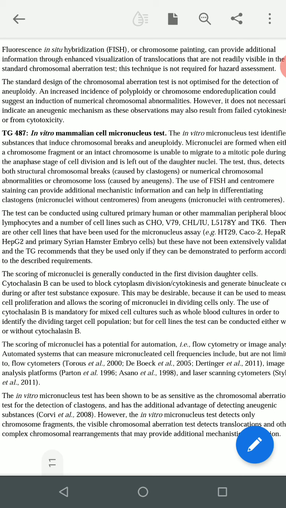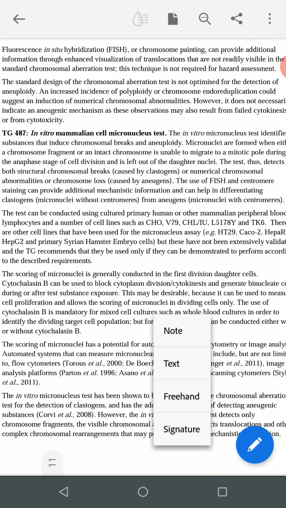Here we can use FISH, fluorescence in situ hybridization, and centromere staining, which can provide additional mechanistic information and help in differentiating clastogens, which make micronuclei without centromeres, from aneugens, which make micronuclei with centromeres.